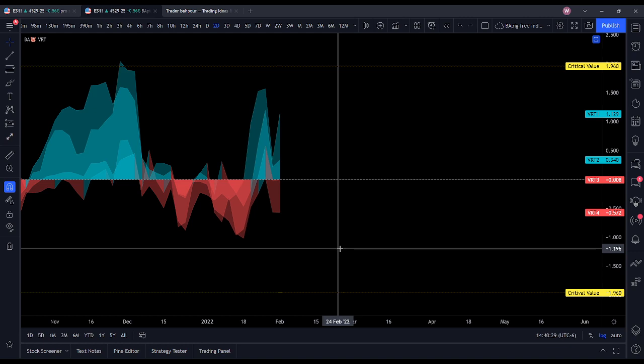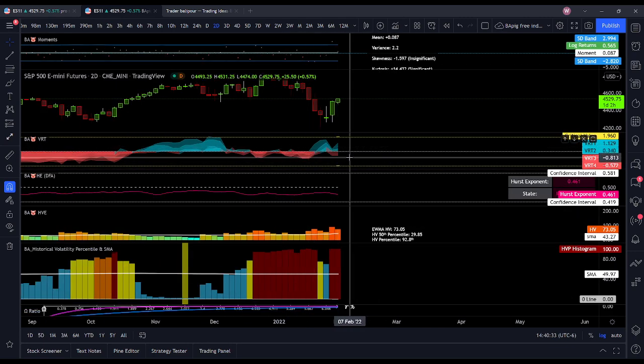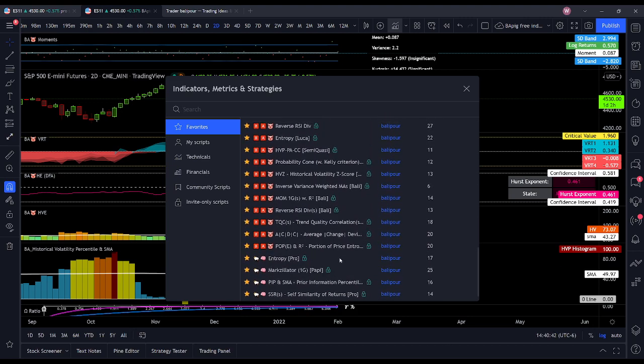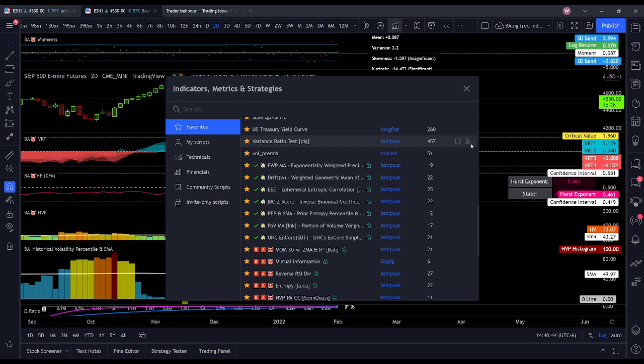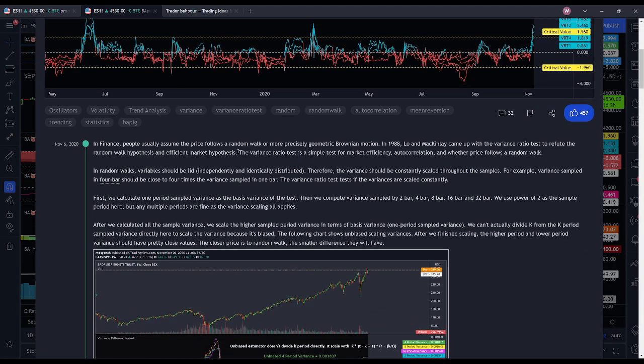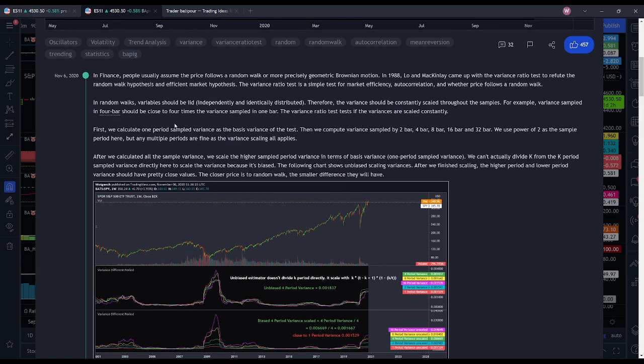kind of indicating that we're not as much in a random walk. We can go into the indicator and look at the variance ratio test here. This is about price following a random walk, and it's a test for market efficiency, autocorrelation, and whether price follows a random walk.